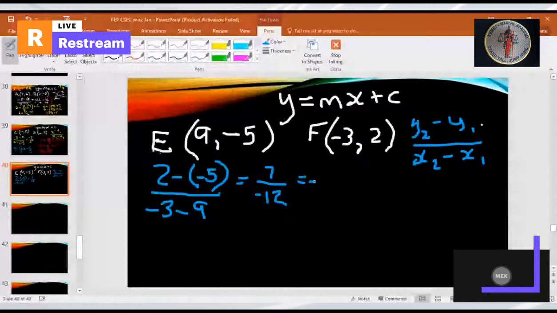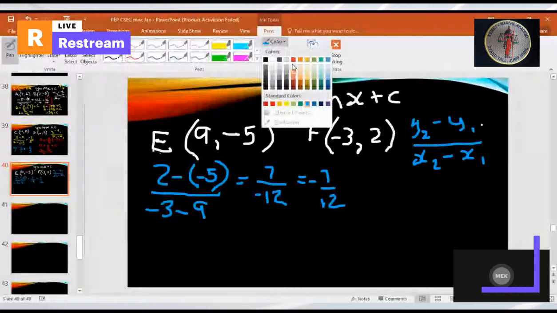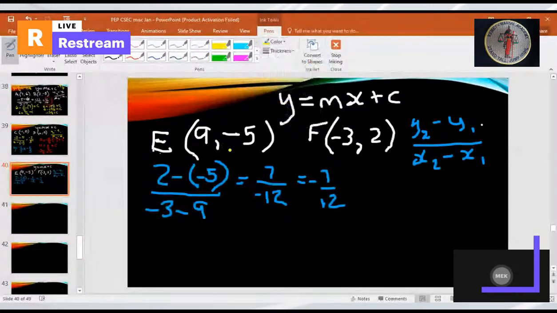And now we need to find what c is. So we're going to plug into the equation to find what c is. I'm going to use y is 2 and x is -3.